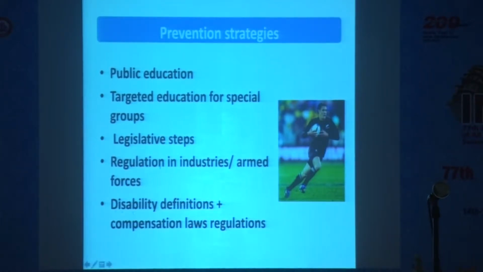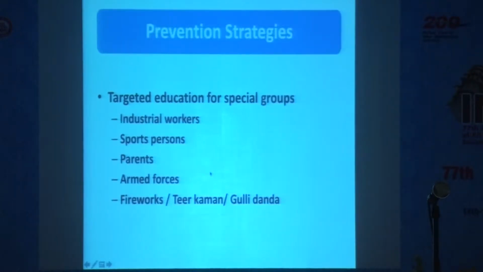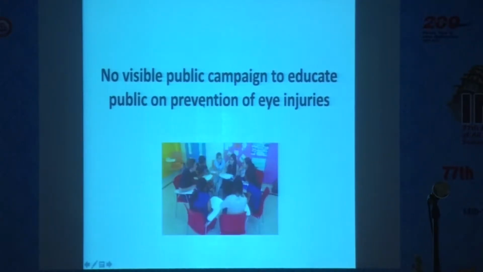And in industries and armed forces, these need to be regulated rather well. And we even lack disability definitions. Recently, there has been some work on this and compensation law regulations, which we need to work on. So targeted education for all these groups will be very important, which we have a role to play in.